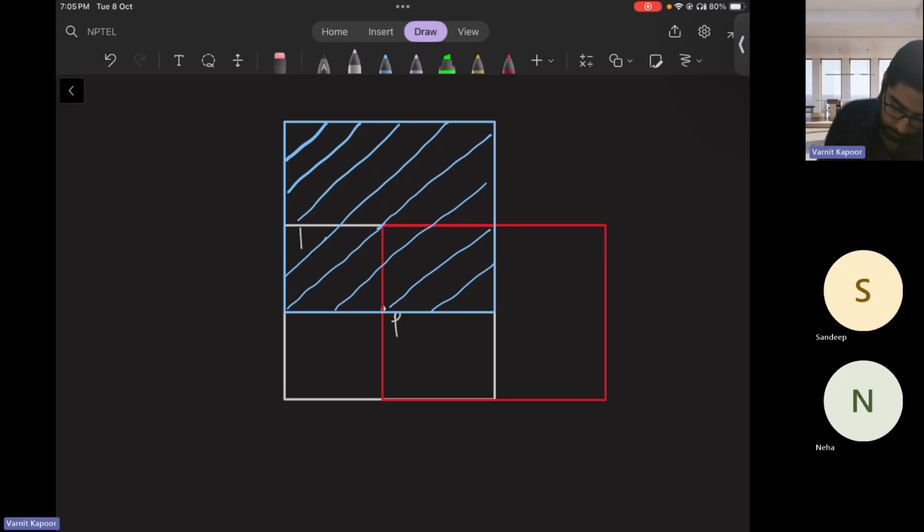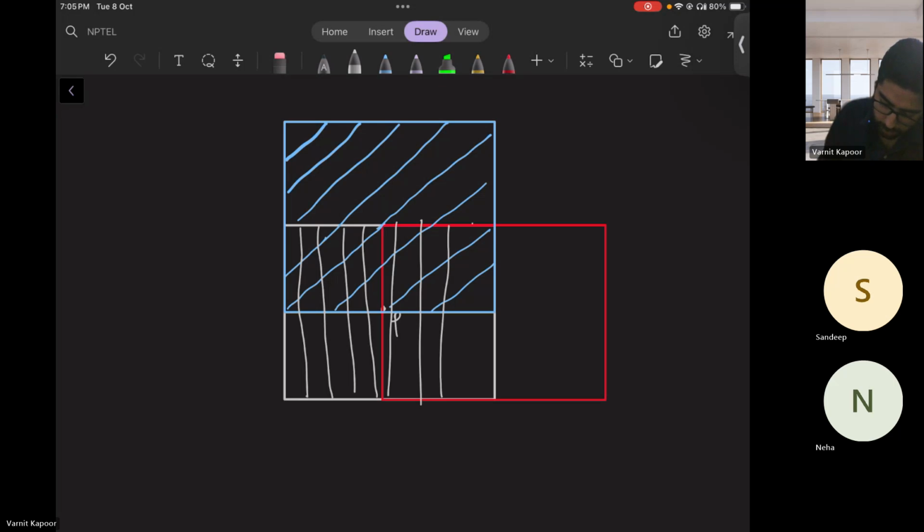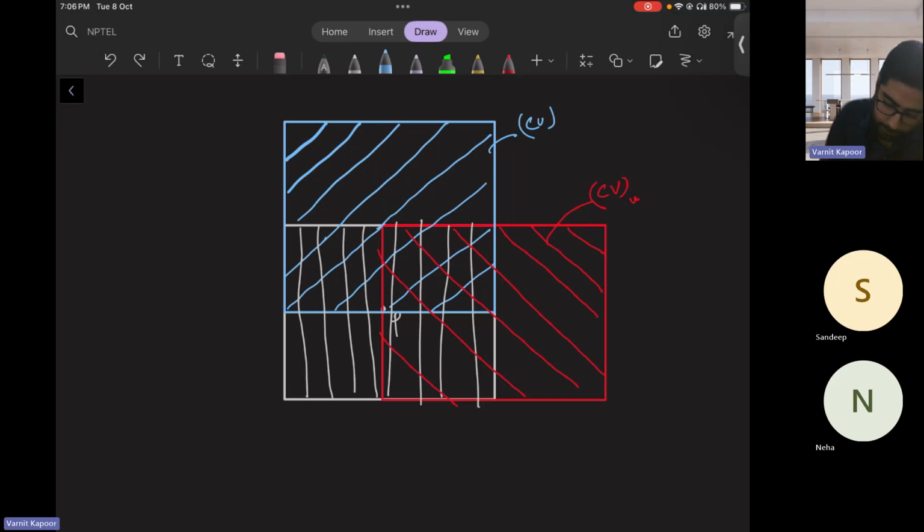This is your control volume for your P. And this is your control volume of U. This is your control volume of V. And this is your control volume of pressure. Three control volumes are there.